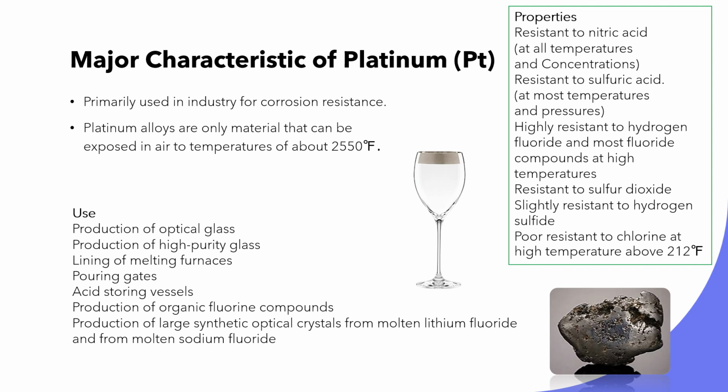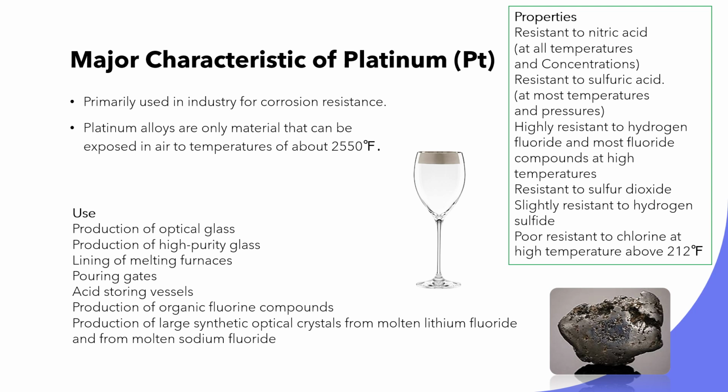The general properties: resistance to nitric acid at all temperatures and concentrations, resistant to sulfuric acid at most temperatures and pressures, highly resistant to hydrogen fluoride and most fluoride compounds at very high temperatures, resistant to sulfur dioxide, and slightly resistant to hydrogen sulfide.